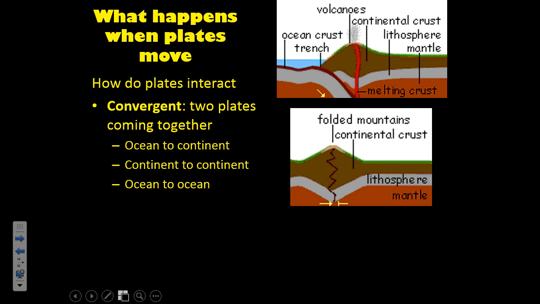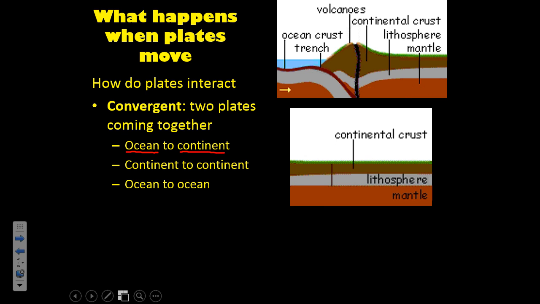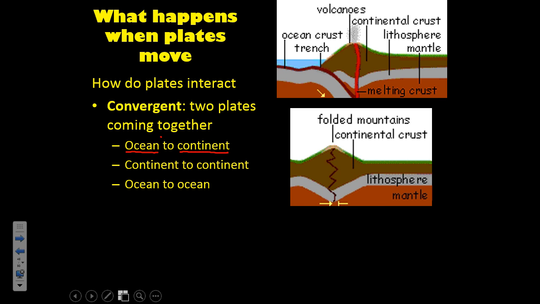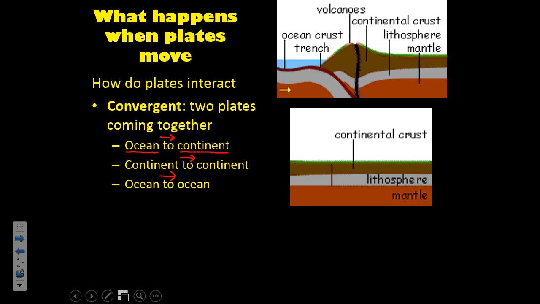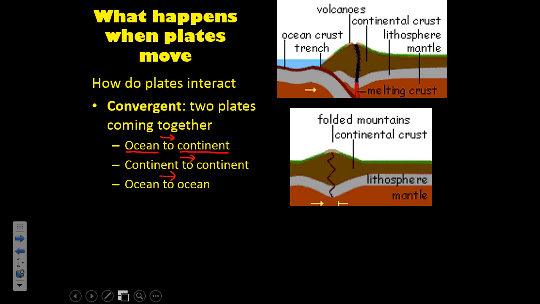We have a variety of these, and it's based on the type of crust that's moving around. We have oceanic crust and we have continental crust, those two types. And so we can have ocean running into continental, we can have continental running into continental, and we can have ocean running into ocean. And all of this has to do with the density of those particular crustal plates.